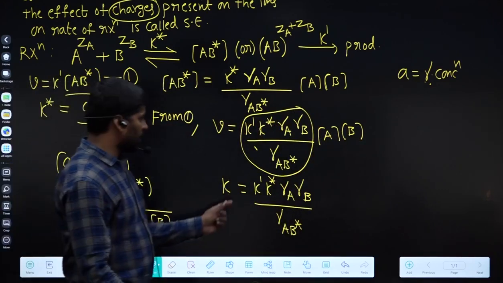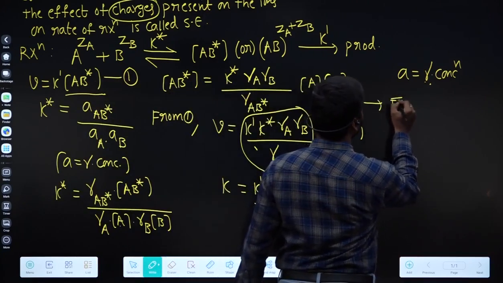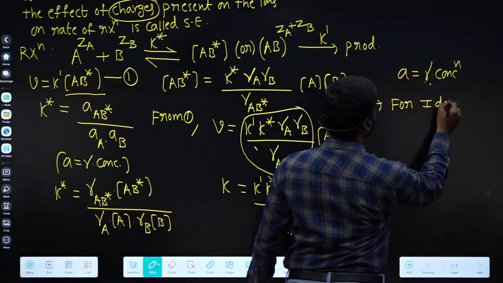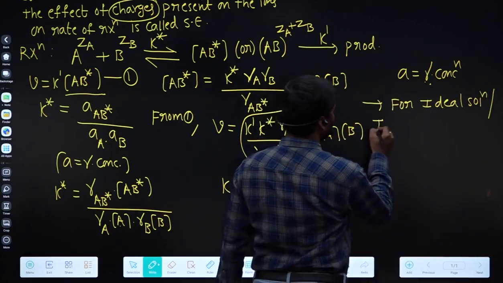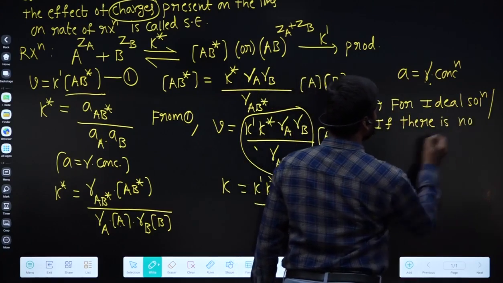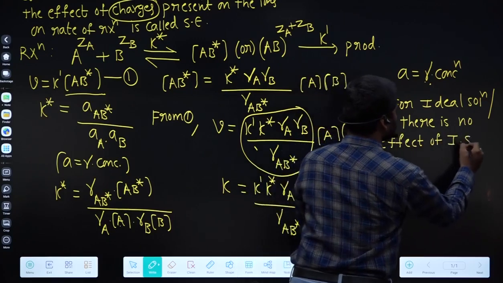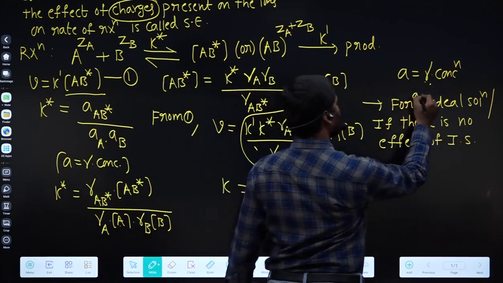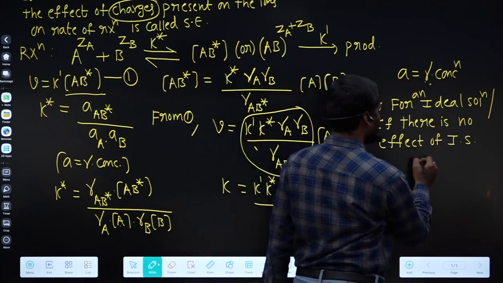Now, for example, if you take an ideal solution, or if there is no effect of ionic strength, no deviation, what about the gamma value?